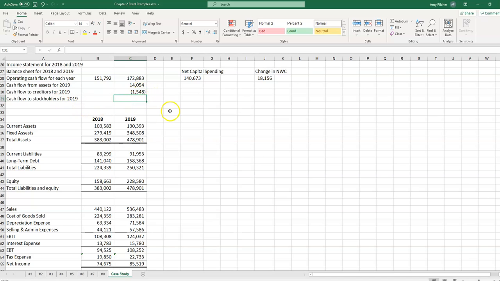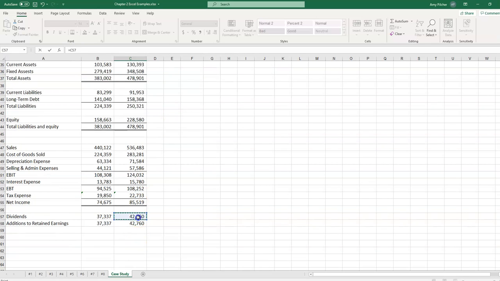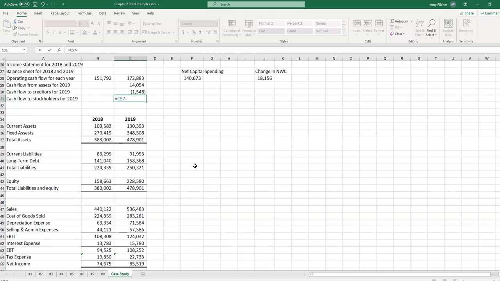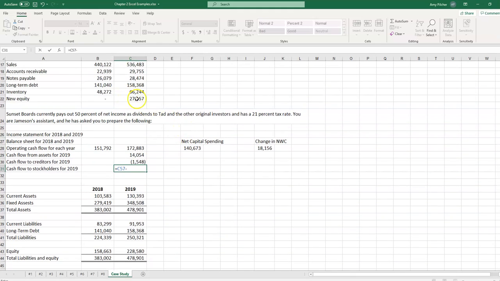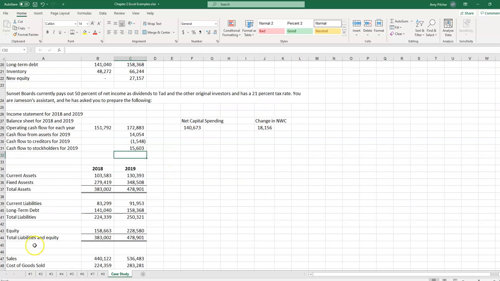Now our cash flow to stockholders is dividends paid minus new equity raised. So we paid dividends of $42,760. The problem gives us our information about new equity raised in 2019. So our cash flow to stockholders for 2019 is $15,603.